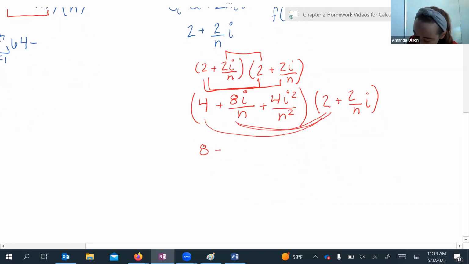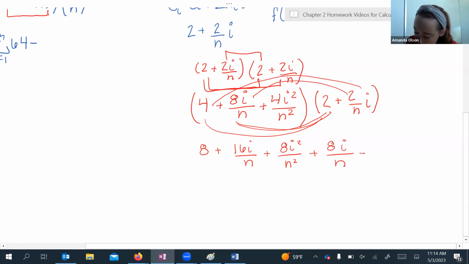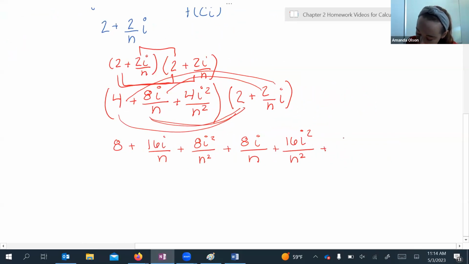So I get 8 plus 16i over n plus 8i squared over n squared plus 8i over n plus 16i squared over n squared plus 8i squared over n squared, n to the third, excuse me, and i to the third, n to the third.